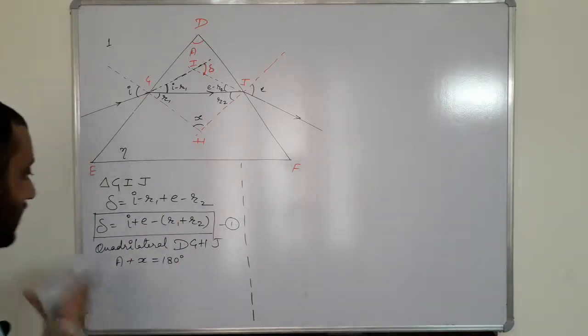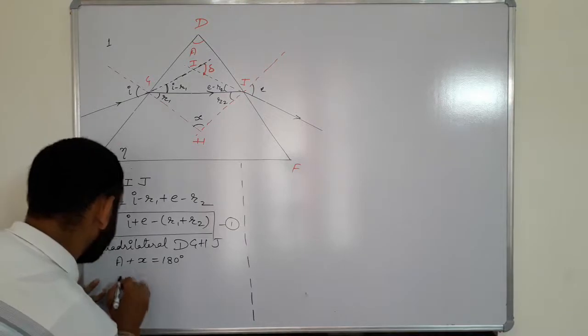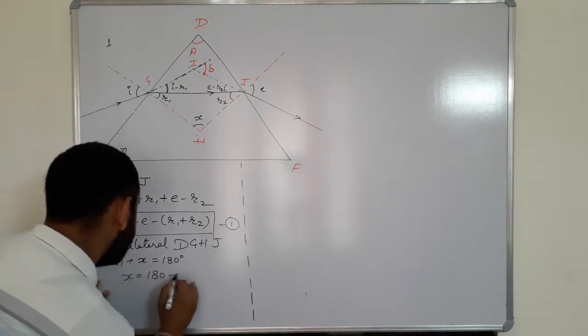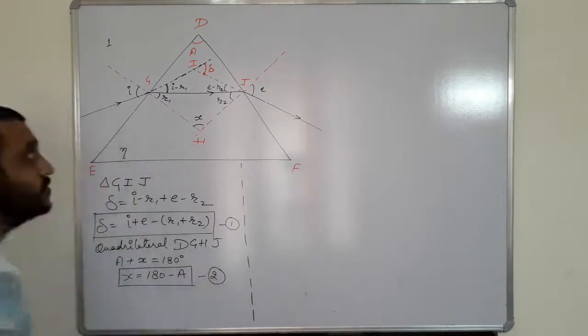Yes, of course we can write A plus X equals 180 degrees. So we can write the value of X from here: X is equal to 180 minus A. Suppose this is equation number 2.